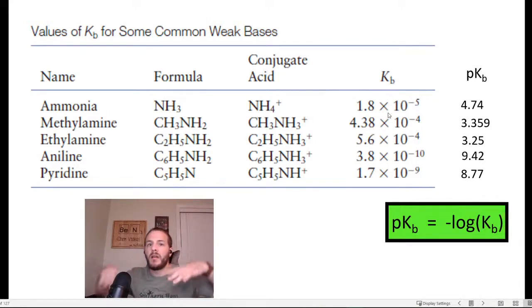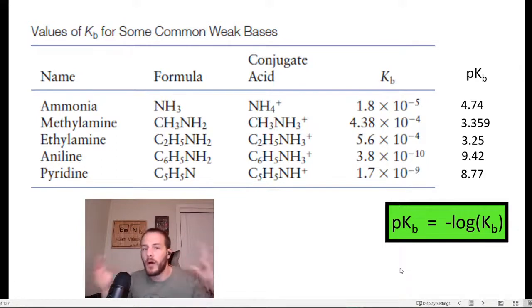Weak bases that have larger values of Kb are stronger than weak bases that have smaller values of Kb. And I've also included a column over here of pKb, right? So we can use that same p scale like pH, pKa. We can also apply that to Kb, where the pKb is simply the negative logarithm of the Kb, the base dissociation constant.